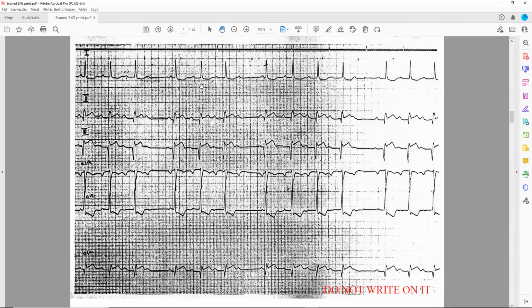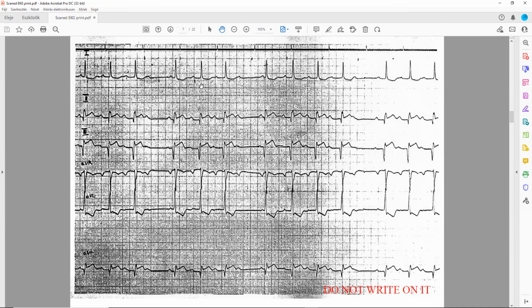Next one. Is there any pathological Q wave? I don't see any.